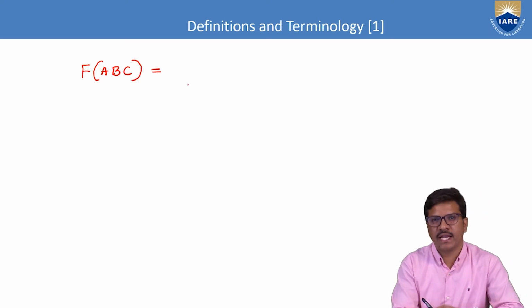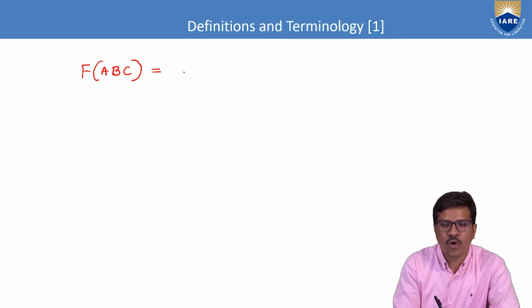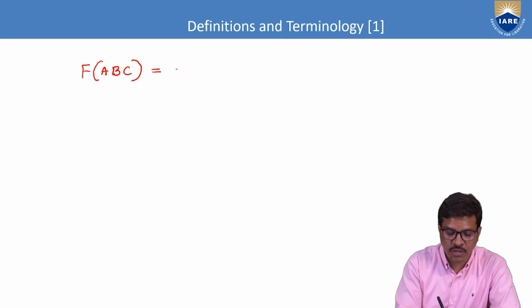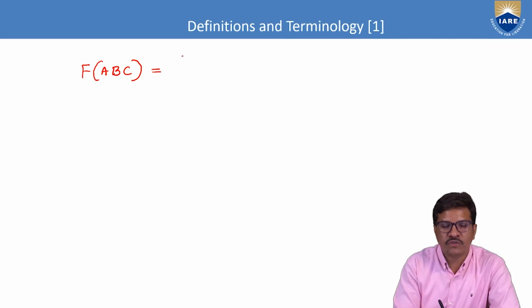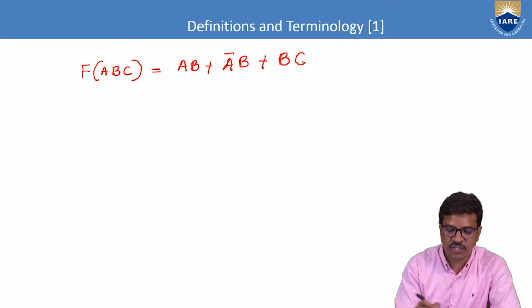If you represent any Boolean function on the right side with the joining of one or more terms using AND operation and OR operation, the literals which I use may be either in normal form or complemented form. For example, AB plus A bar B plus BC. This is a Boolean function.